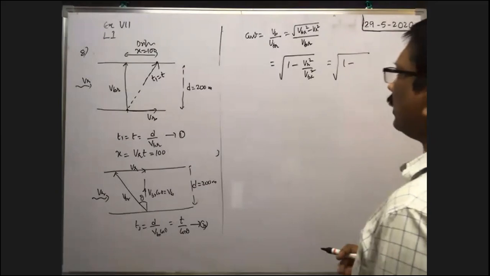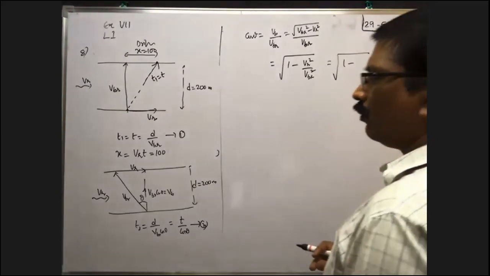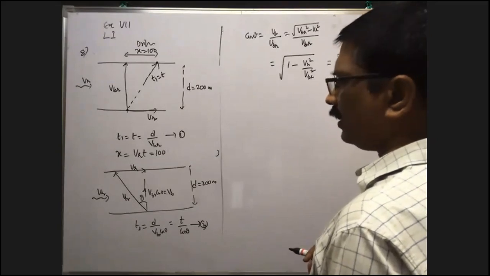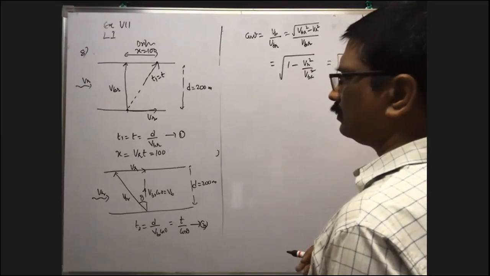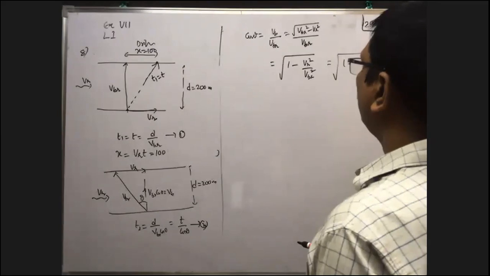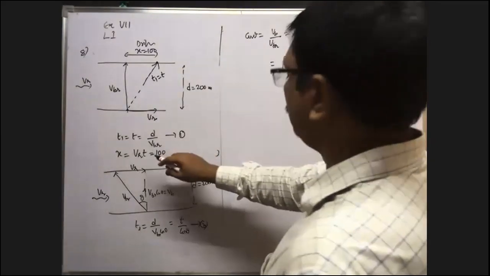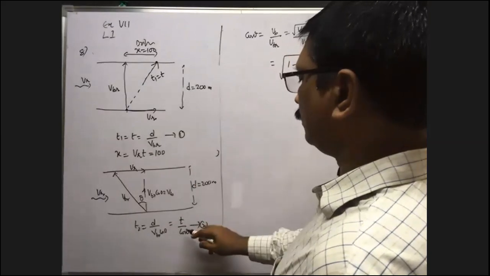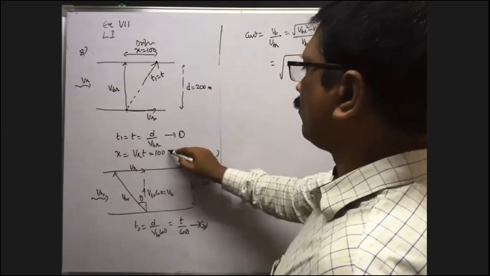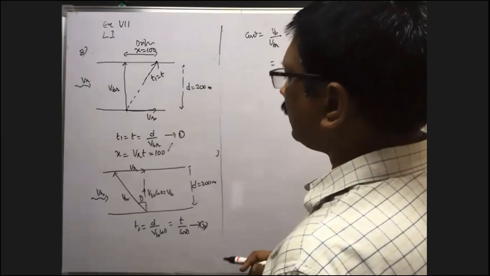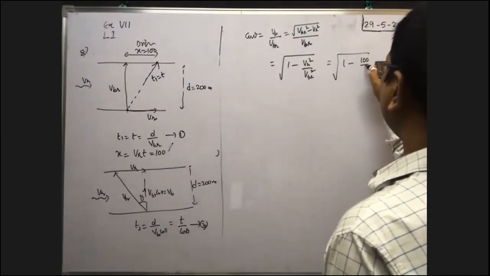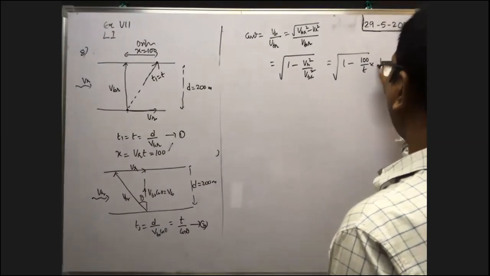What about VR by VBR? VR can be written as 100 by t, into 1 by VBR.